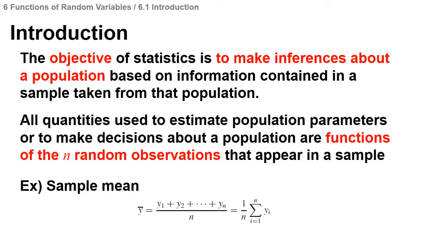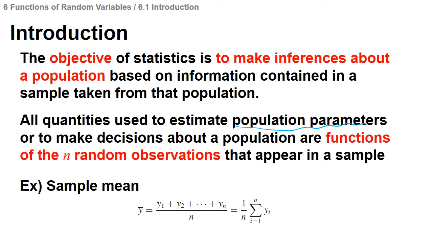To make that inference, we usually take n random observations and calculate a statistic with that. Quantities used to estimate population parameters or to make decisions about the population are functions of the n random observations that appear in a sample.